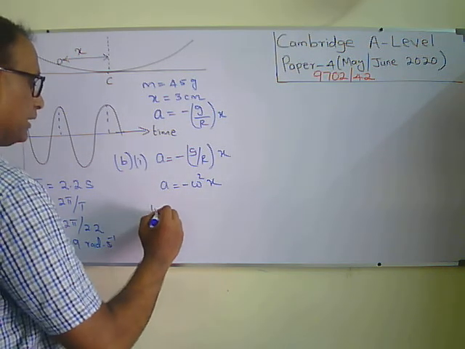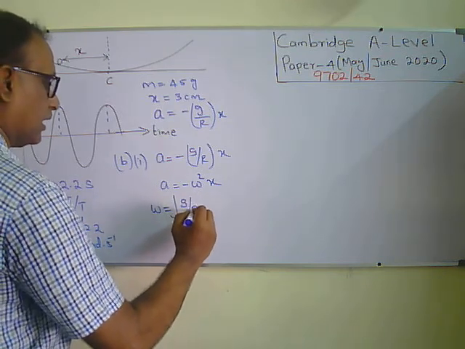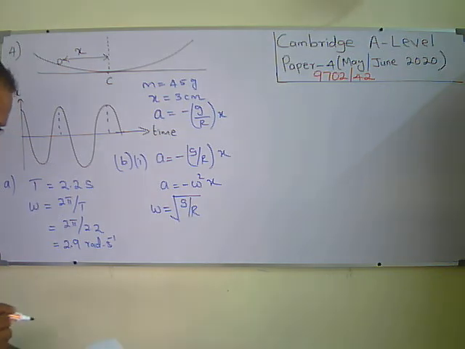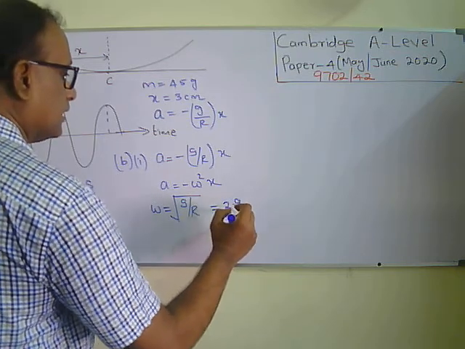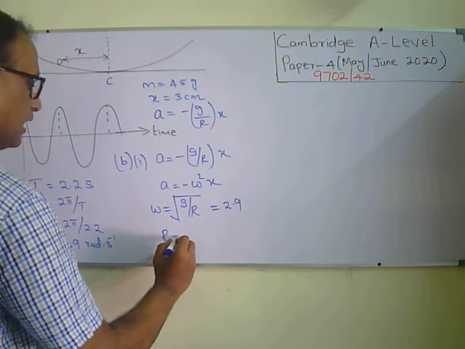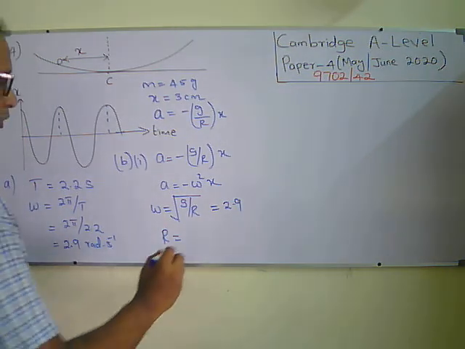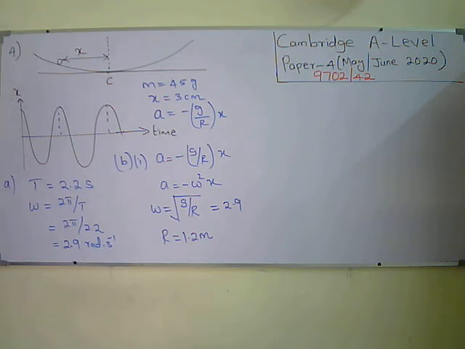So omega equals the square root of g over R. The question asks to find the value of R. We know omega, we found it, 2.9. Substitute g as 9.81, and you can find R. You will get R as 1.2 meters.